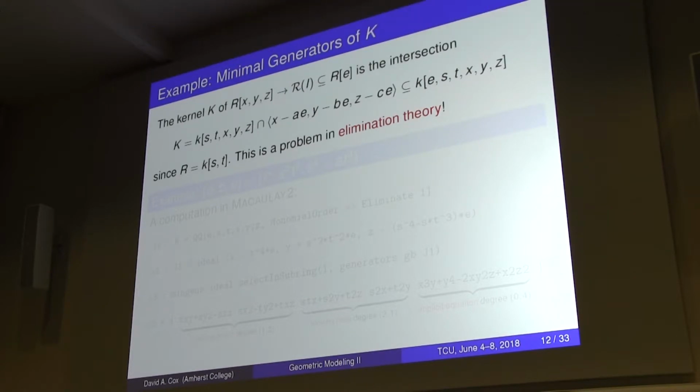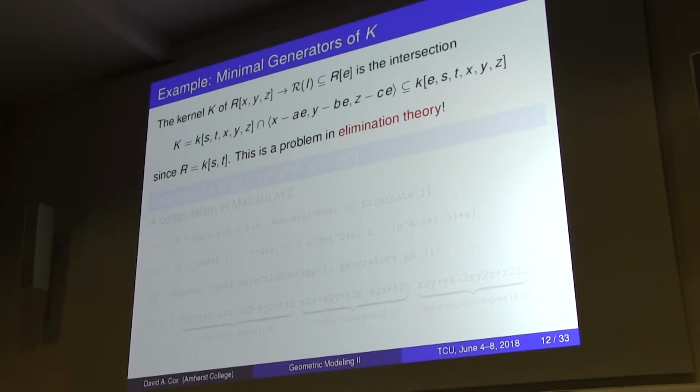If I add this extra variable e, then the kernel is just that ideal. But I want to get rid of e, so I basically have to eliminate e. And that's elimination theory.